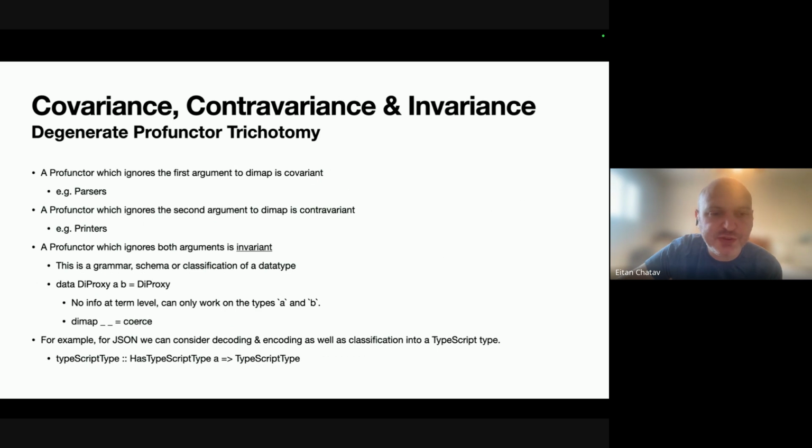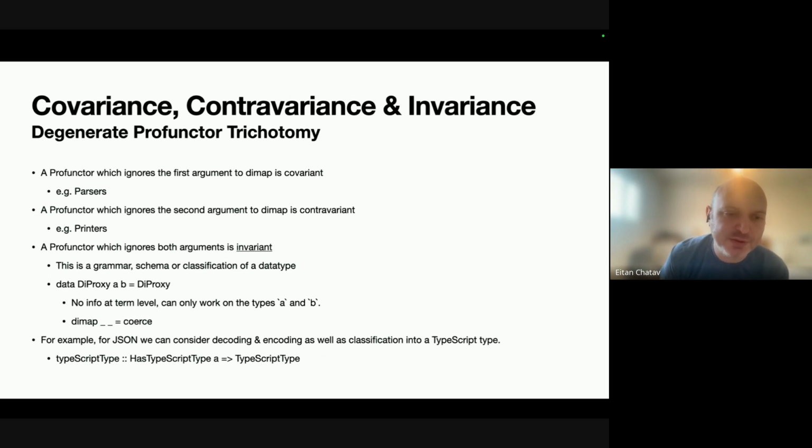An example we can consider is for JSON when we're doing decoding and encoding with the Aeson library. We can also do a third thing, which is we can classify the type as a TypeScript type, and that will give us a sort of classification for the encoding and the decoding.